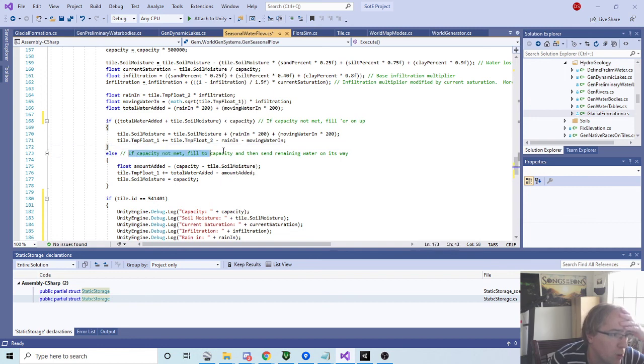But here we're over capacity, so we calculate this thing called amount added, which is the total capacity minus the current soil texture or soil moisture. Wait, what?